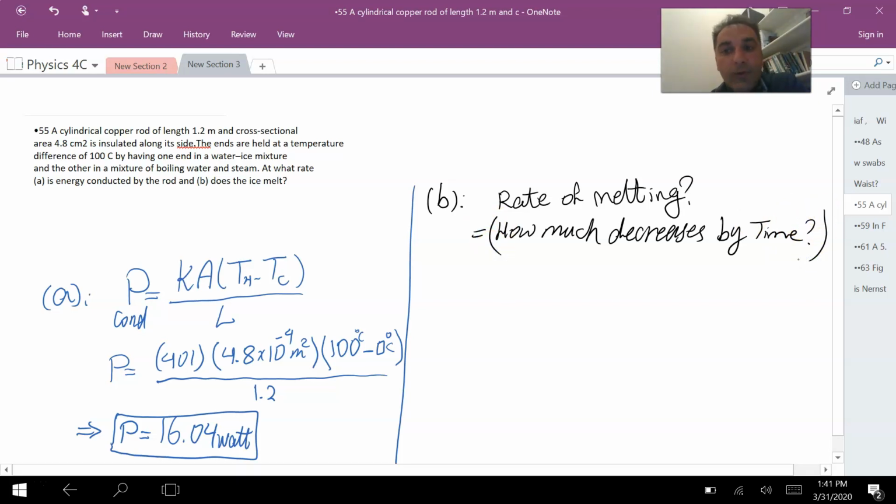In other words, do you know what that means? Rate means that quantity divided by time, so it will be delta T.